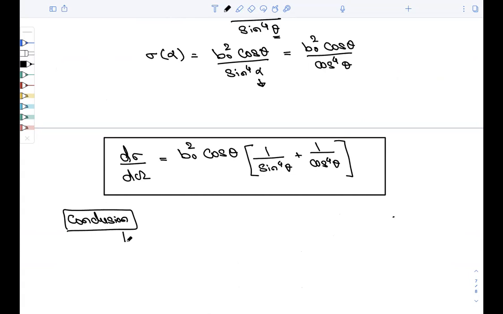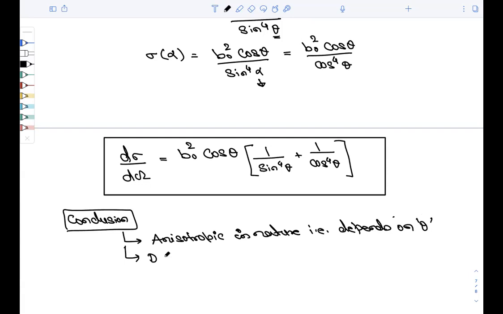Just write this thing, that is, it is anisotropic in nature. That is, it depends on theta. It depends where we will keep the detector. The angle at which we are placing the detector, what we get depends on that, right? After that you will write, differential cross section area will talk about the probability, right?